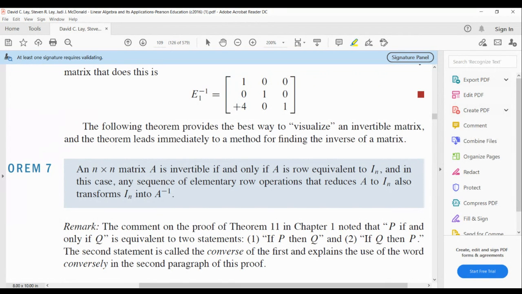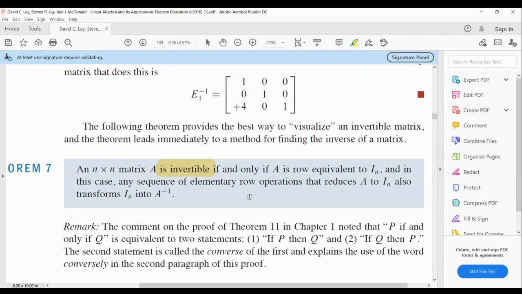But we want a method that's going to help us find the inverse of any square matrix. Theorem 7 says that an n by n matrix A is invertible if and only if A is row equivalent to the identity matrix. And in this case, any sequence of elementary row operations that reduces A to the identity matrix also transforms the identity matrix into the inverse matrix.